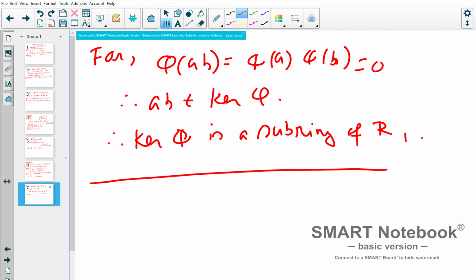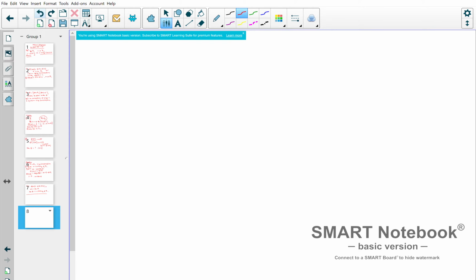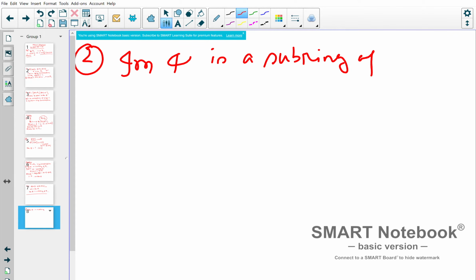And like homomorphism for groups, here also you have the image. Remember that was a subgroup for groups; here also the image of phi is a subring of R2.